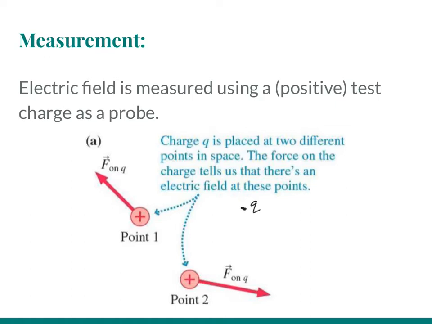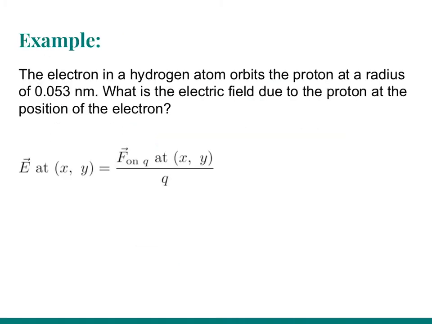So anytime you measure electric field in real life, you've got to use a little charge to feel the force and figure out the value of the field at that point. So really, it's a pretty basic idea mathematically. We're going to read this example problem and do it real quick and move on.